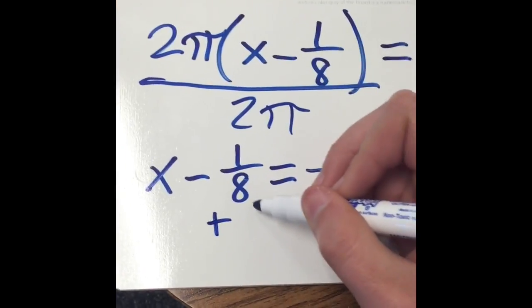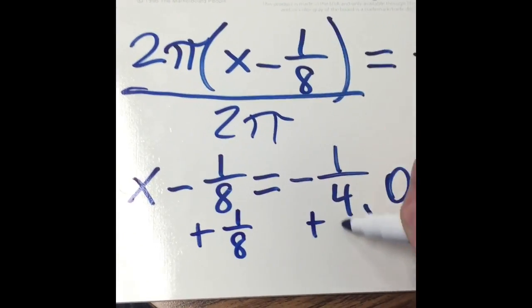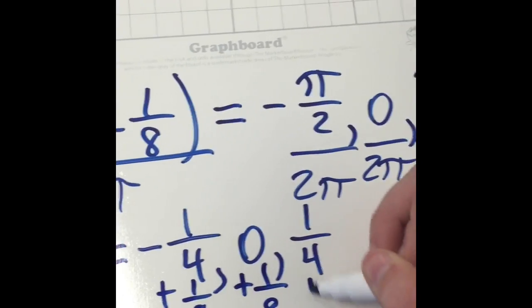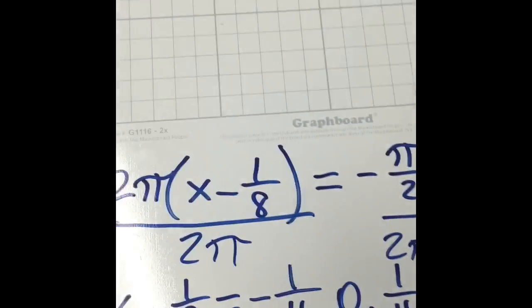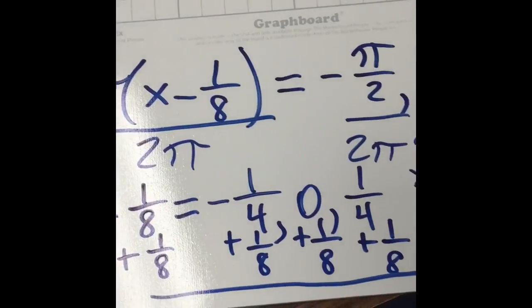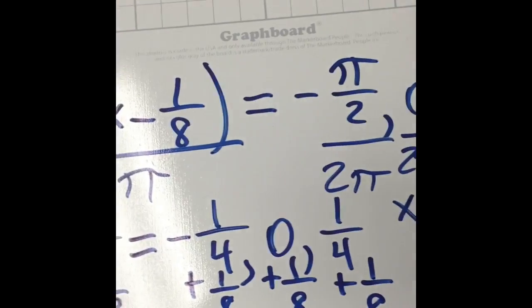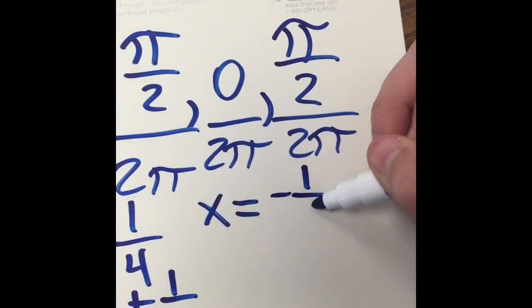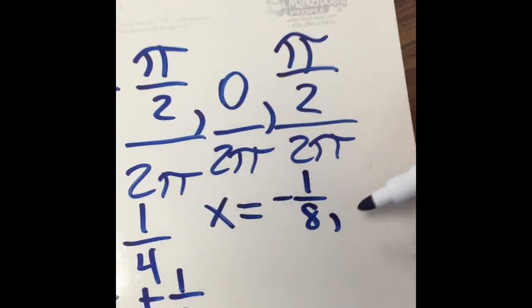And now you're going to add 1/8 to each of the answers: negative 1/4, 0, and 1/4. And now you'll have your 3 new points, of which 2 will be your asymptotes, and the one in the middle will be your x-intercept.